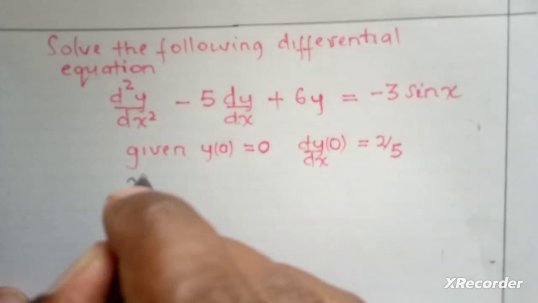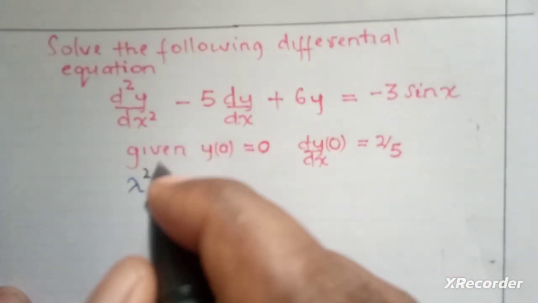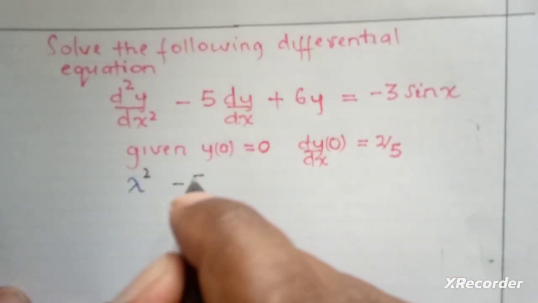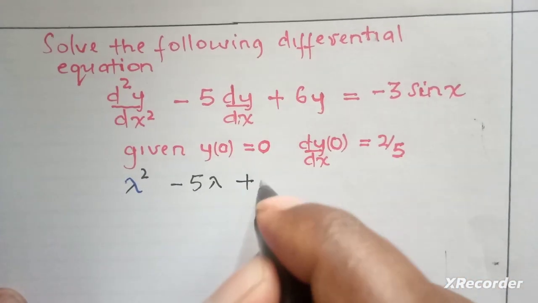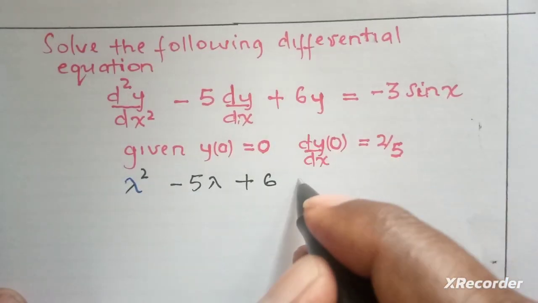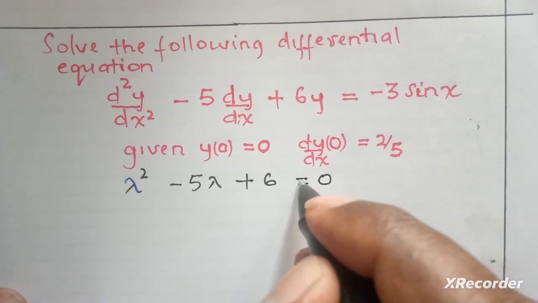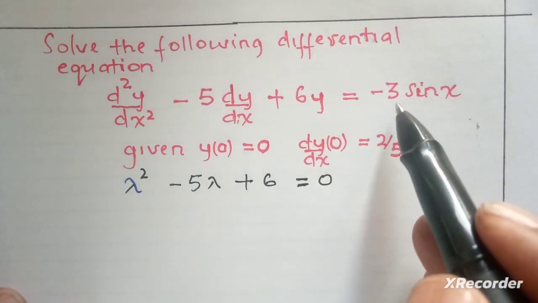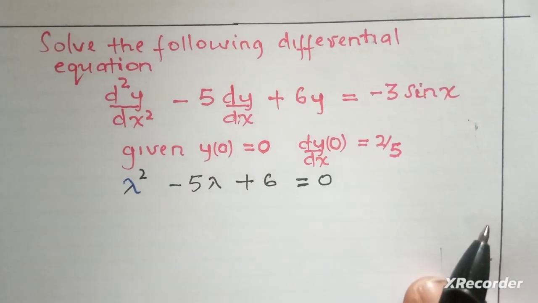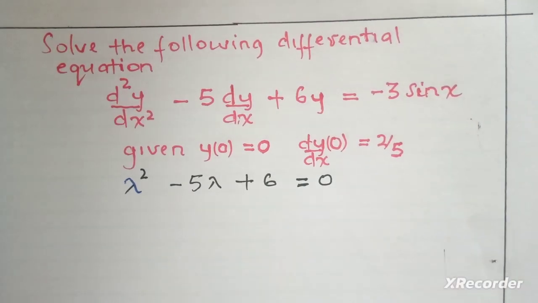So this is lambda squared minus 5 lambda plus 6, which gives us 0. We first of all equate it to 0 because we are finding the complementary function.